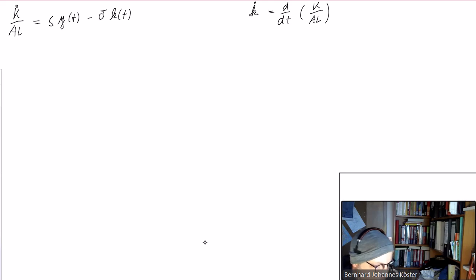And this time derivative we now just calculate. What do we have here? We have a ratio. Do you remember from school? If you have f of x is u of x over v of x, what is then the first derivative of this function?